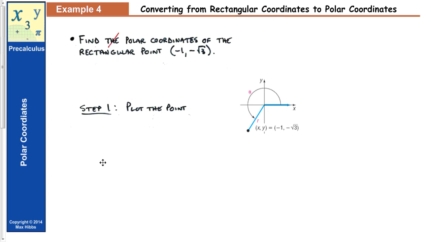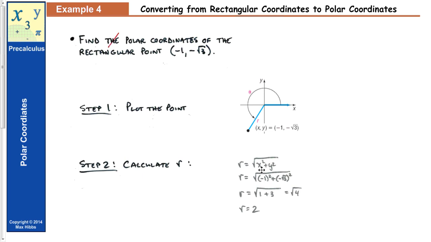The second step, of course, is to calculate r, and that's always easy to do. There's no issue involved except we have to deal with the algebra and the simplification of radicals. Since x is -1, r is the square root of x squared plus y squared, so r is the square root of (-1) squared plus (-√3) squared.